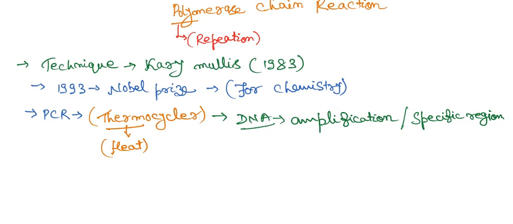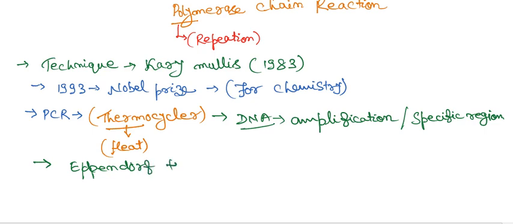So the PCR reaction takes place in an Eppendorf tube, spelled E-P-P-E-N-D-O-R-F. It is a plastic tube and the structure is conical in shape.